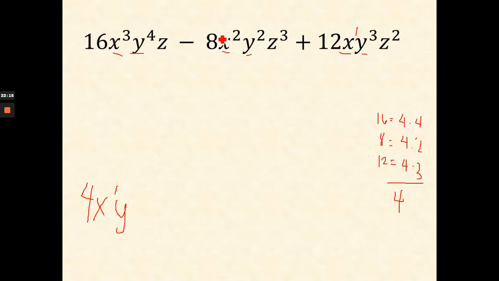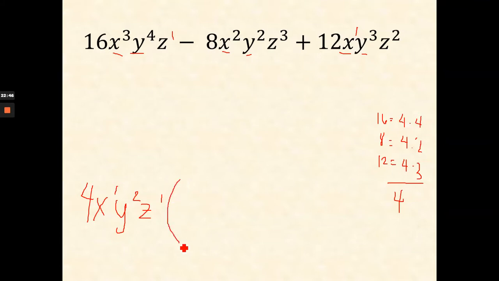But what is the lowest exponent? 2. Next, z. The exponent of z is 1. This is 3 and this is 2. So z is present on all the terms. Therefore, z is also a common factor. But what is the lowest exponent? 1. So the 4x raised to 1, y squared, z raised to 1 is the greatest common factor.